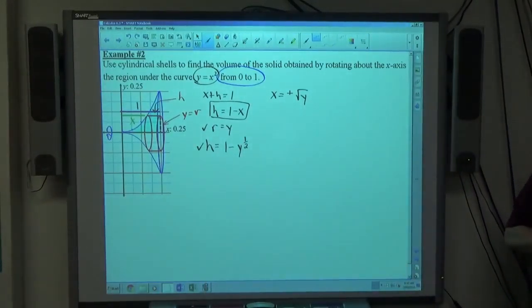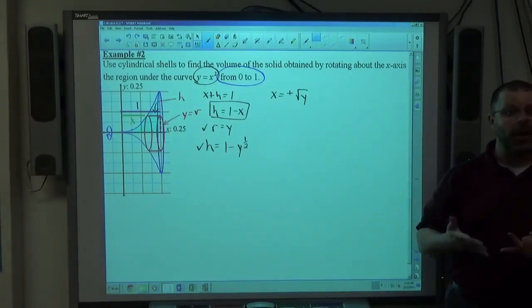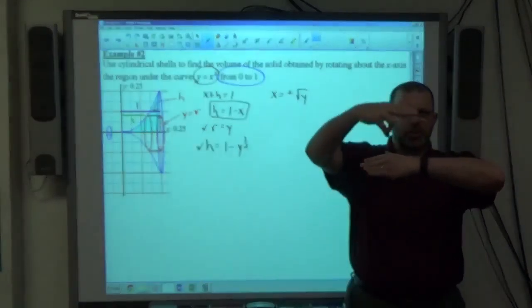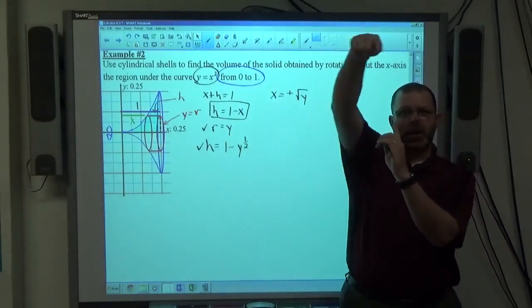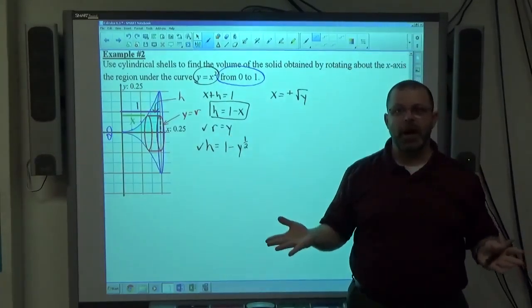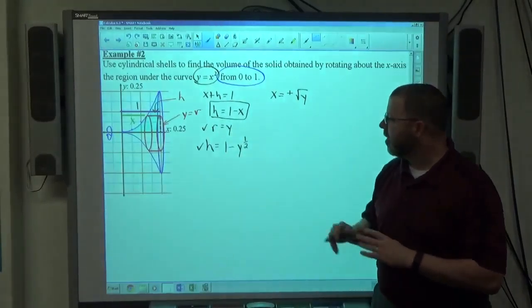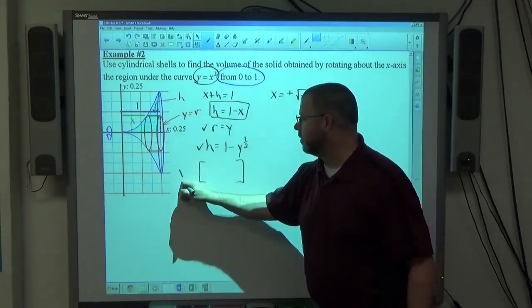Okay, those two things are very important in every one of these problems. When you use cylindrical shells, find the height and the radius in terms of the variable you care about. Okay, if I'm doing an axis of rotation on a horizontal axis, I want everything about y. If I'm doing a vertical axis of rotation, I want everything about x. So r is about y, h is about y, everything's ready to go there. The only other thing I need is the interval, and it's a y interval.